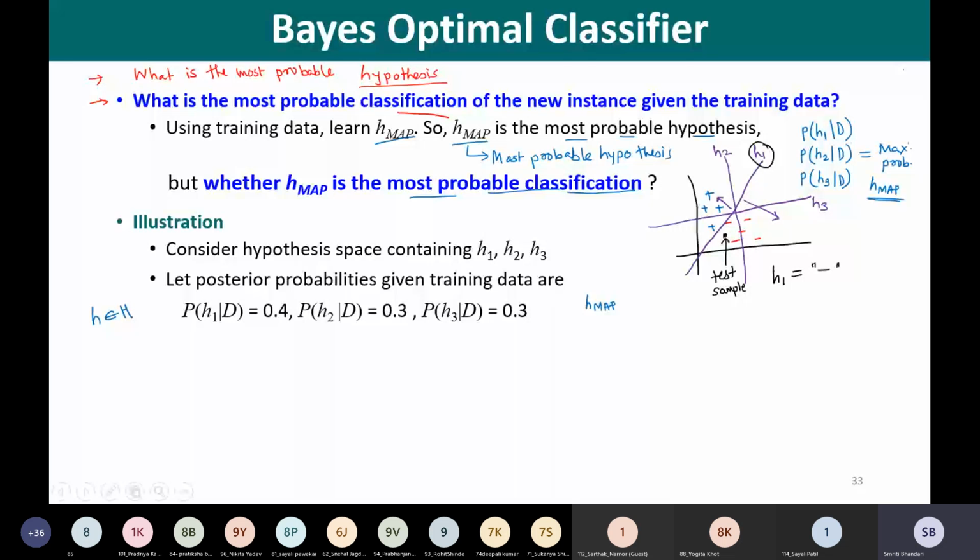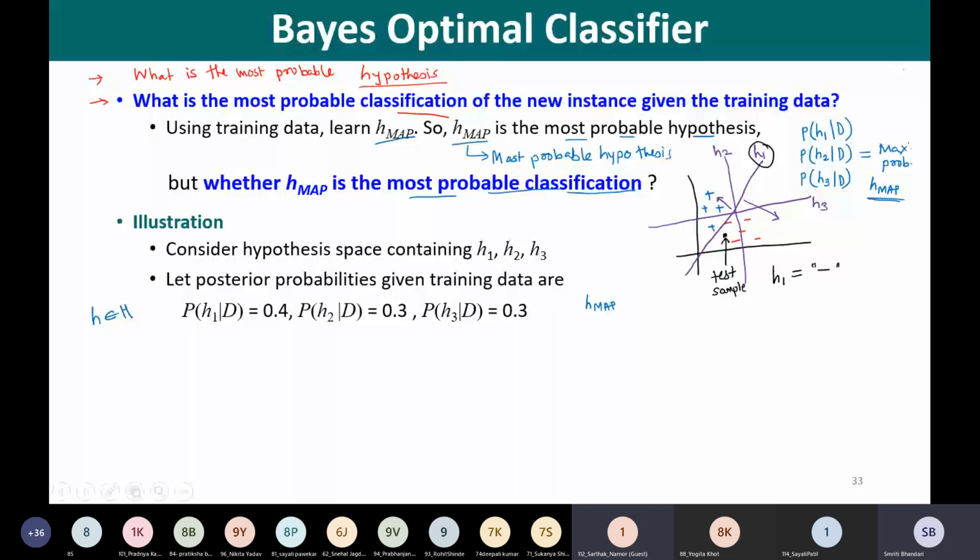Now, let us talk about this H3. If I have H3, towards this we are having positive class, and towards this we are having negative class. Right? Now, same test sample, if we try to classify using H3, then once again it would be classified as negative. Do you agree with me?